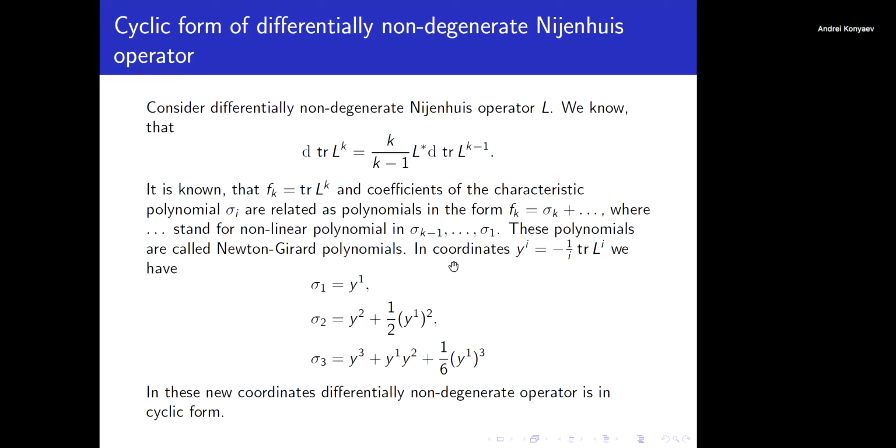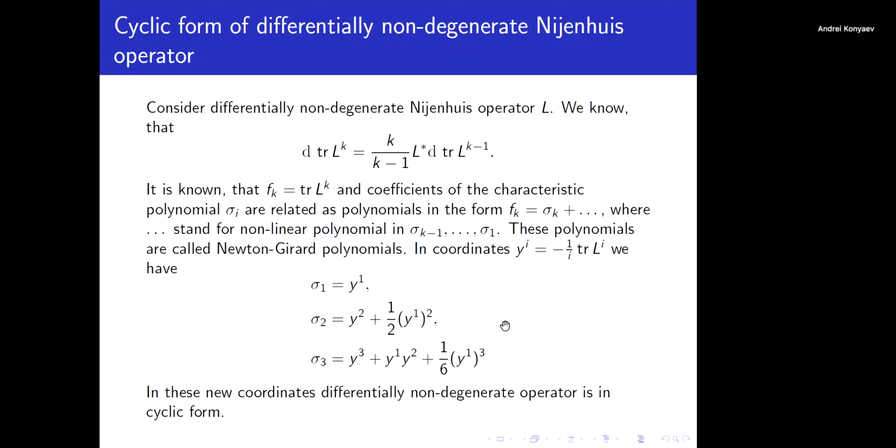It means that you have a collection of basic symmetric polynomials, and you express any symmetric polynomial as a polynomial of these basic polynomials. So how do you do that? Well, there are some formulas which we will not discuss. They are called Newton-Girard formulas, and we just write three of them.